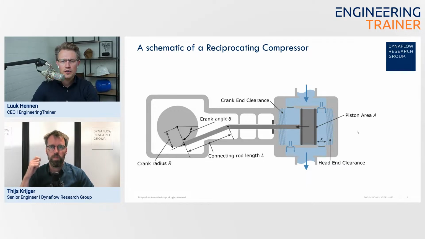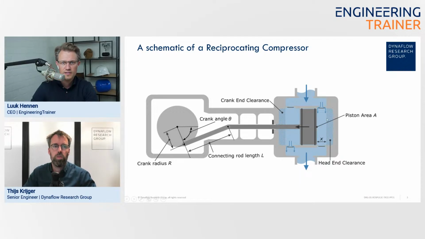Do you need to do a pulsation analysis for those as well, or is it typically related to reciprocating equipment? The API 618, for example, is specific to reciprocating compressors. There are also pulsation analyses that you can do for different types of compressors or pumps.